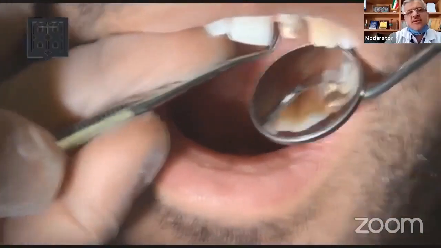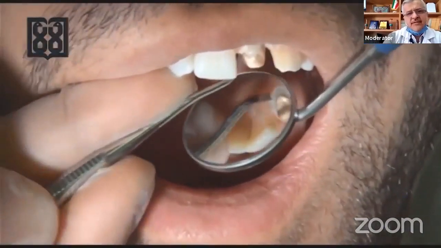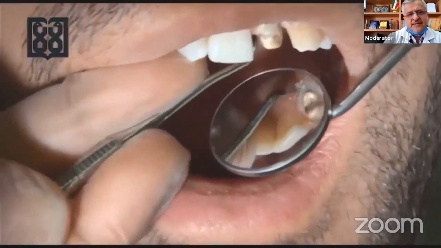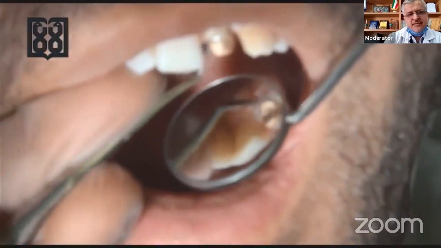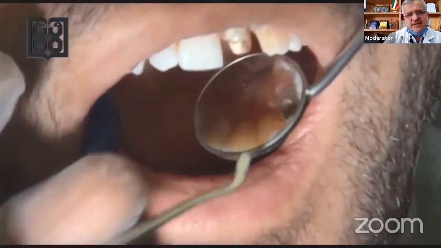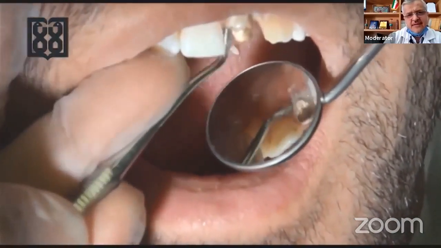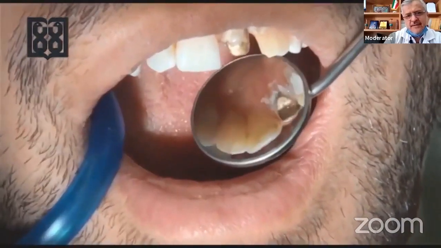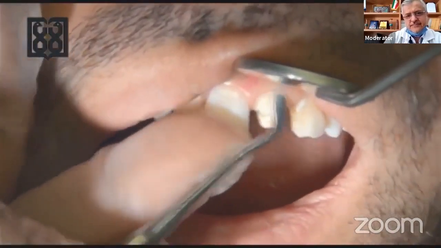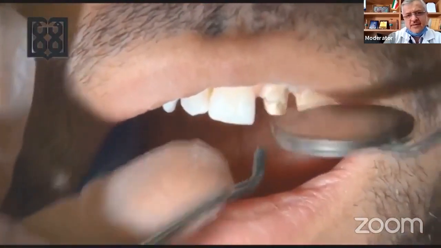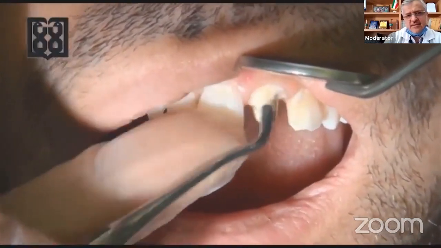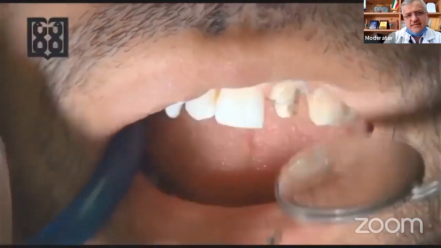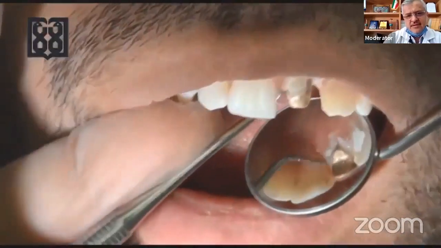Because this cement is dual cure cement, we can remove the excess of cement very gently before light curing, and after that we can cure it with light. Any excess cement must be removed from the margin and finish line of the gingiva carefully.